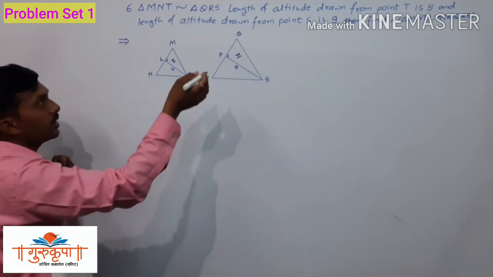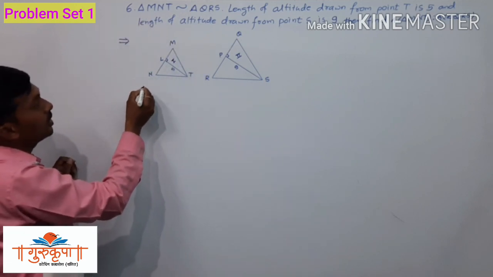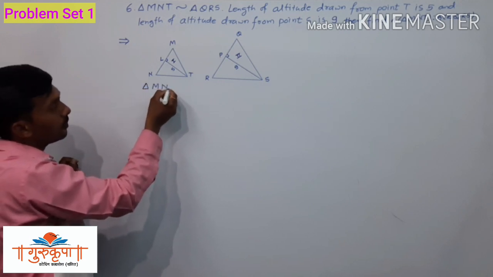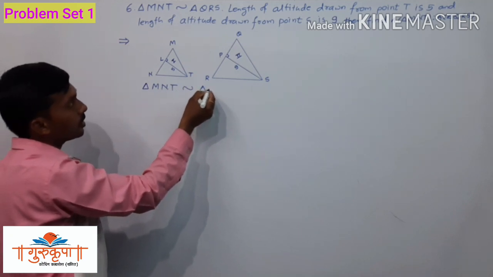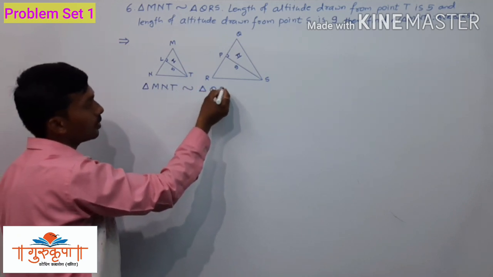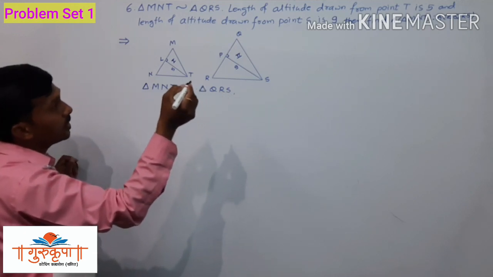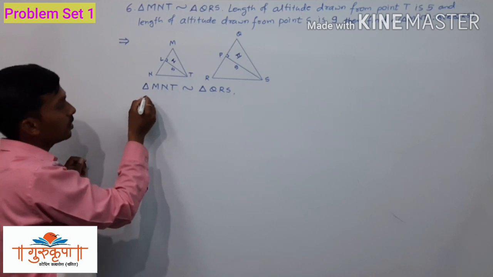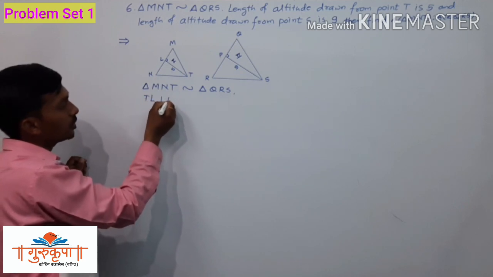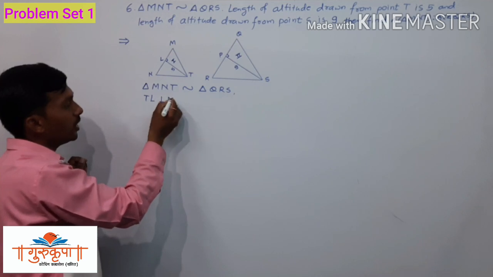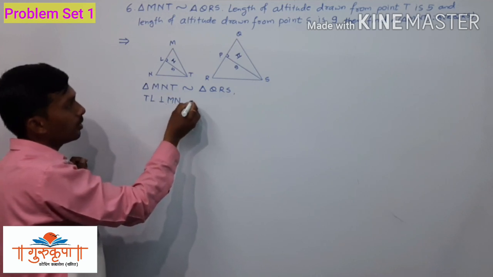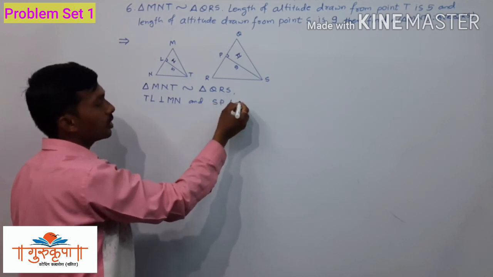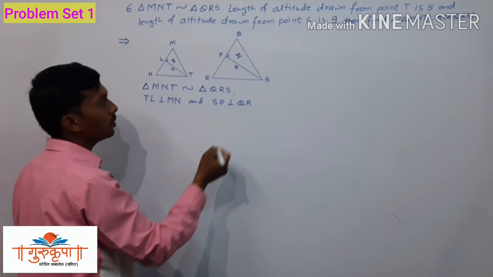So first of all, we will write the information which we have available here, that is triangle MNT is similar to triangle QRS. It is also given that TL is perpendicular to MN, and SP is perpendicular to RQ or QR.